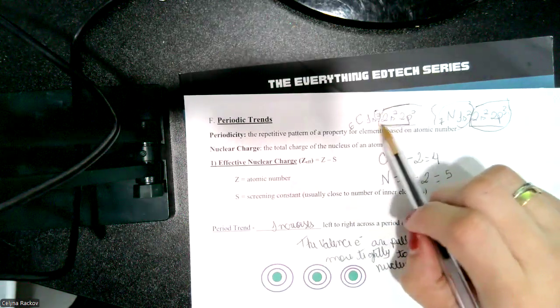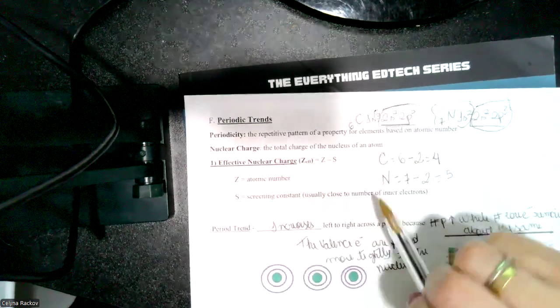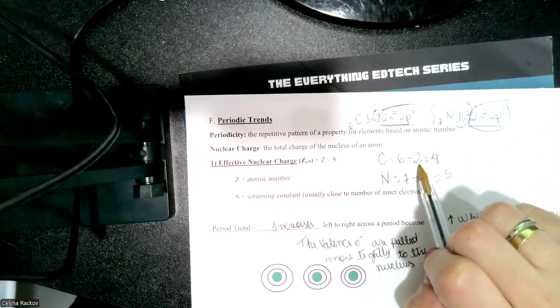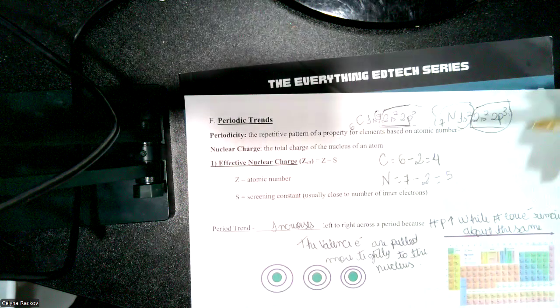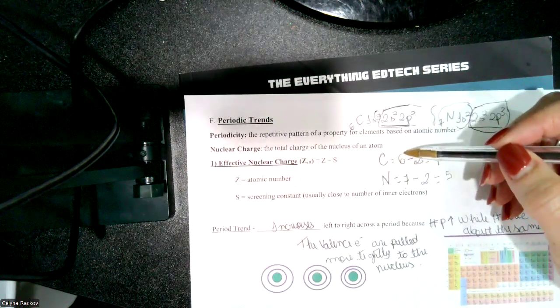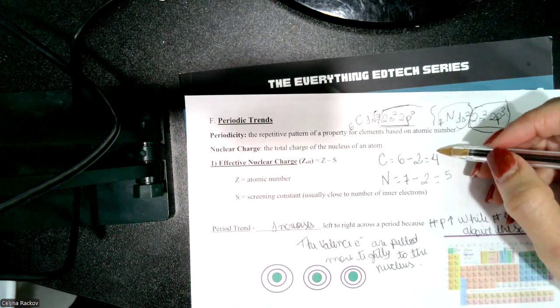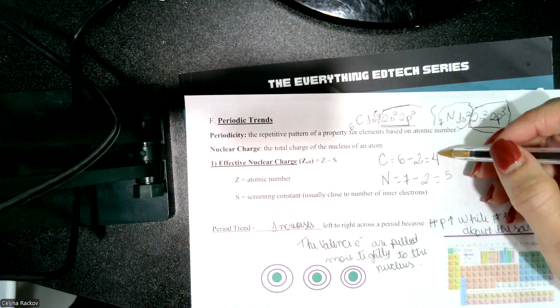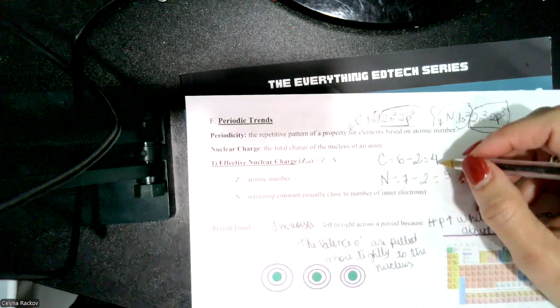So in carbon, you have only 2 core electrons, right? Let's do a subtraction: carbon 6, atomic number, minus 2, so 4. So the effective nuclear charge for carbon is around 4.